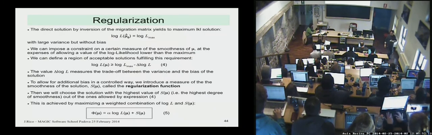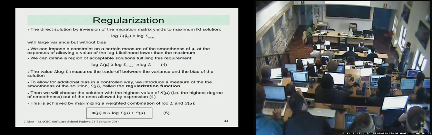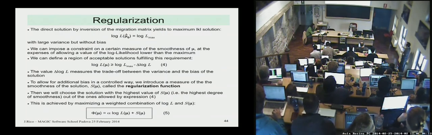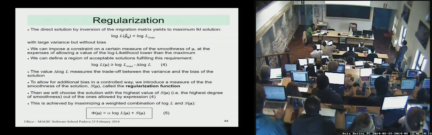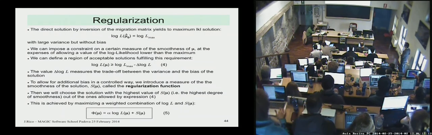Now, regularization. So we saw that the direct solution that we get by inversion of the migration matrix is the maximum likelihood solution, the one that maximizes the likelihood, that has large variance and no bias. Now, how do we include a controlled amount of bias?